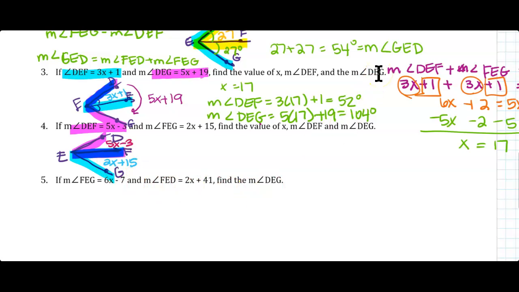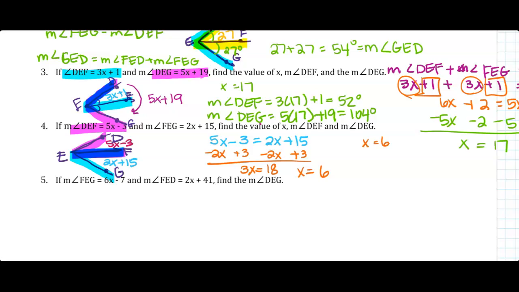So since I know each piece of the angle, I can set those two things equal to each other because I know that they're equal. So 5x minus 3 is equal to 2x plus 15. So then I'm going to minus the 2x from both sides, as well as add the 3 to both sides. So 3x is equal to 18. Dividing by 3 on both sides, I get that x is equal to 6.